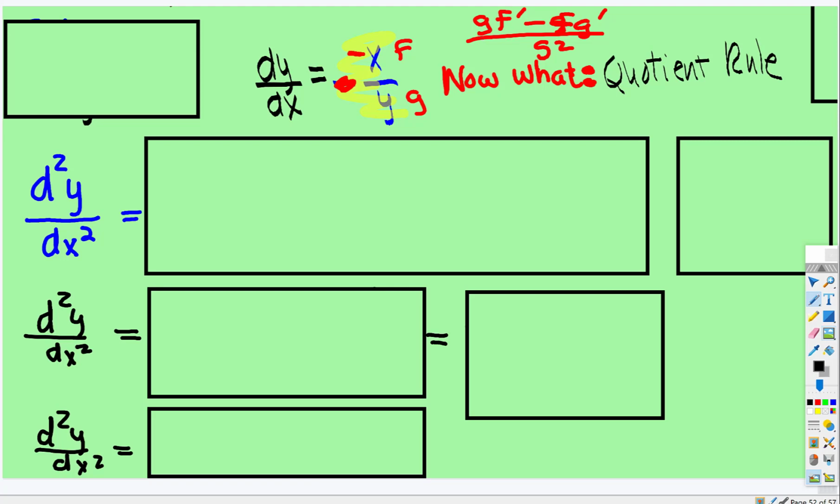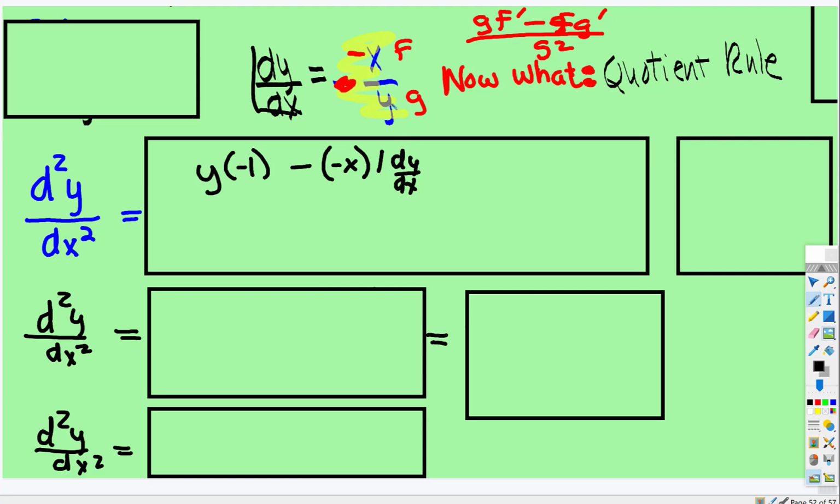So g, which is y, times f prime, well, the derivative of negative 1x is just negative 1. And then we subtract f, well, f is negative x, times g prime. Well, g prime is 1, but we're going to tack on dy/dx.